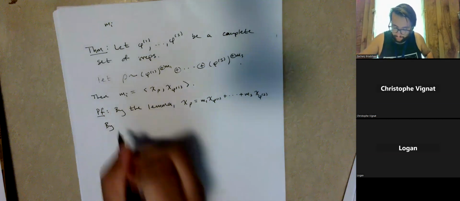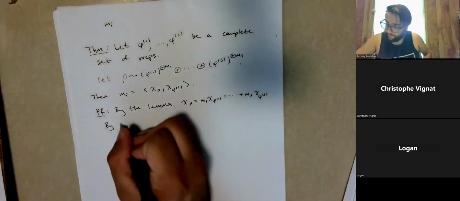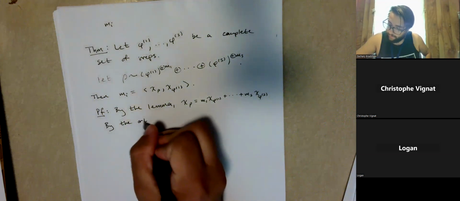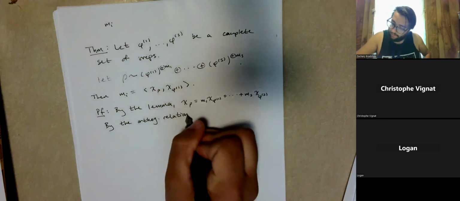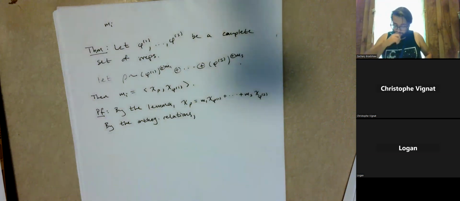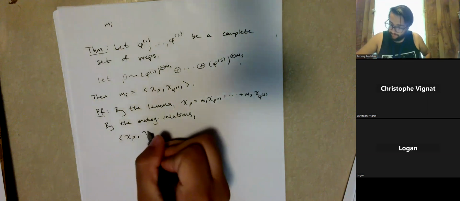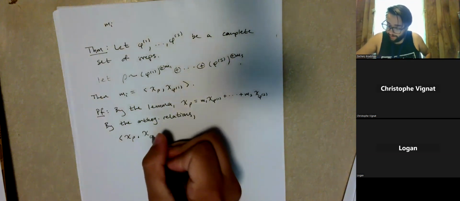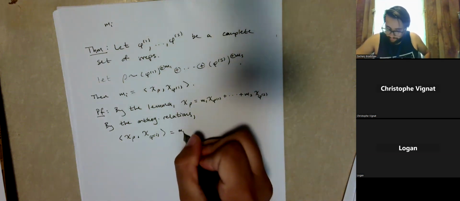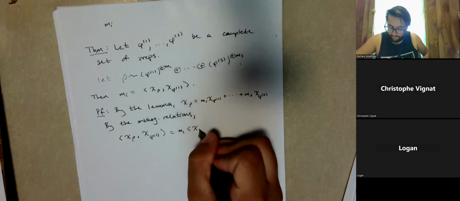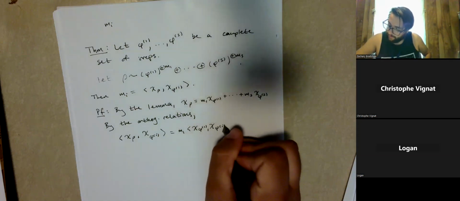By the orthogonality relations that we proved earlier, we have the inner product of chi rho and chi phi i is m1 times the inner product of chi phi 1 and chi phi i, summed through, ending on ms times the inner product of chi phi s and chi phi i.